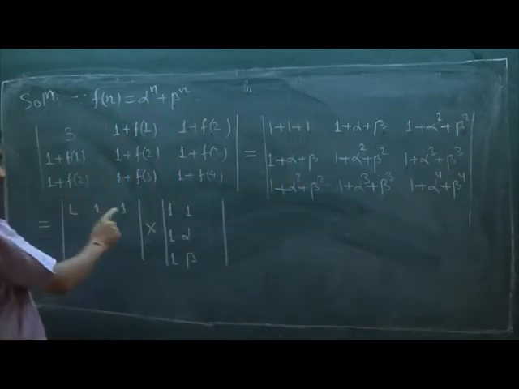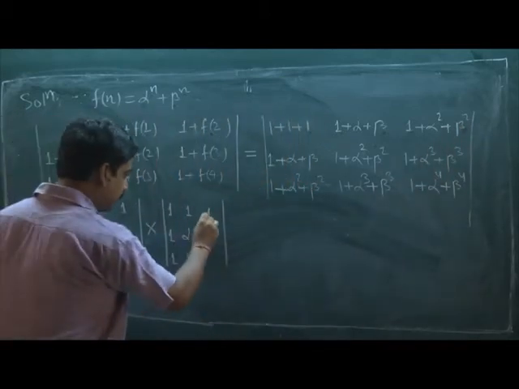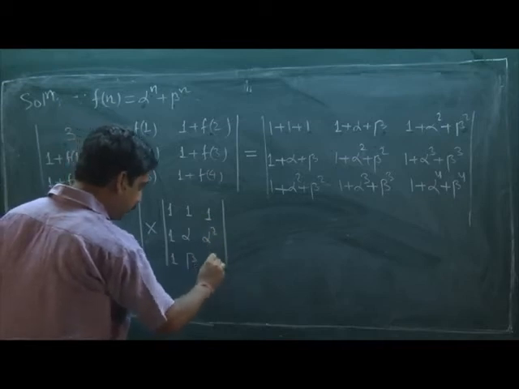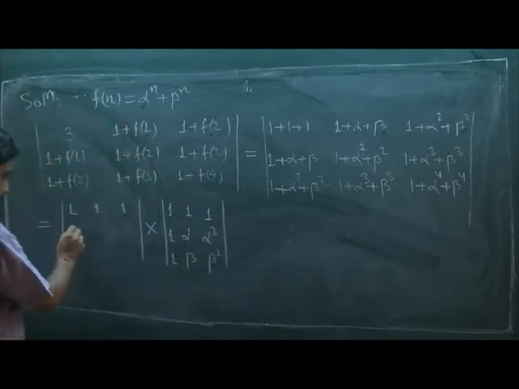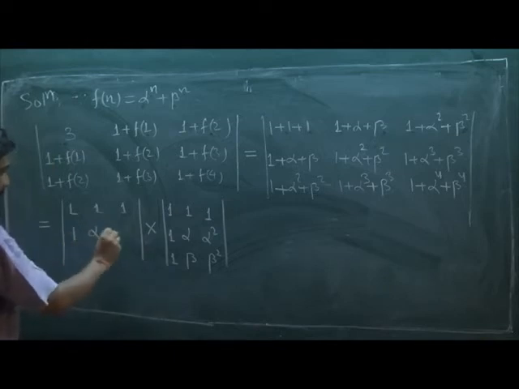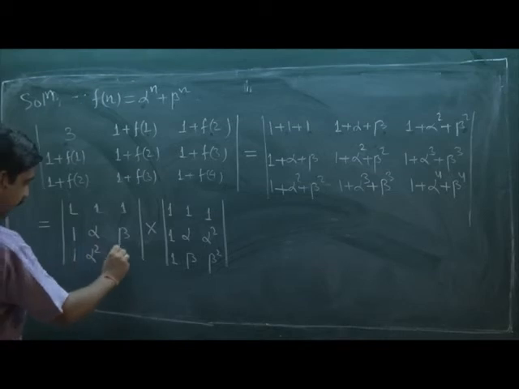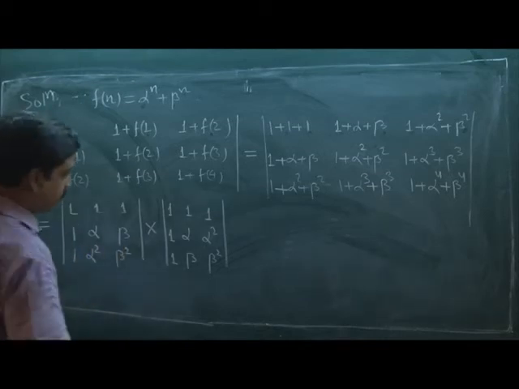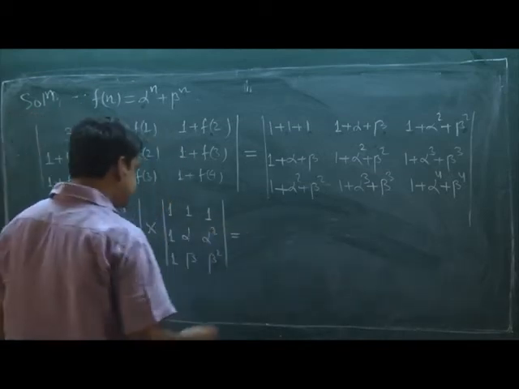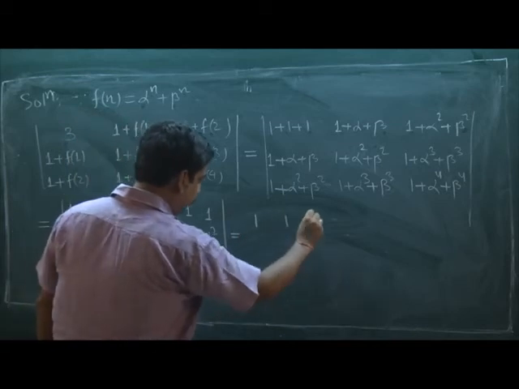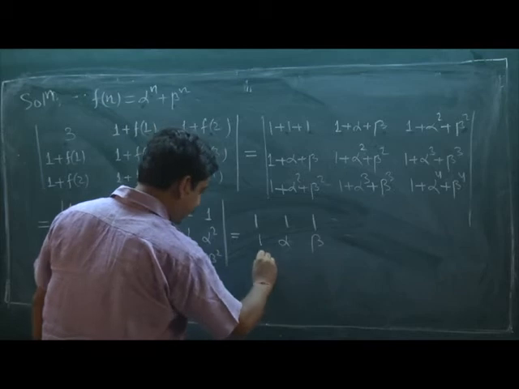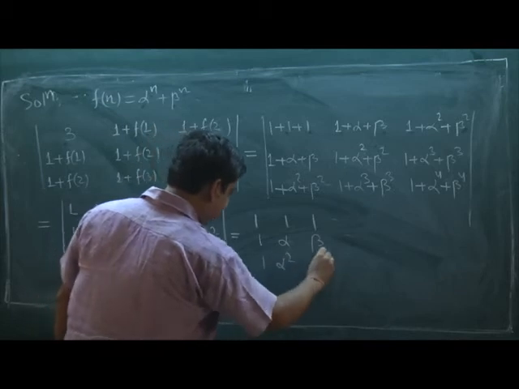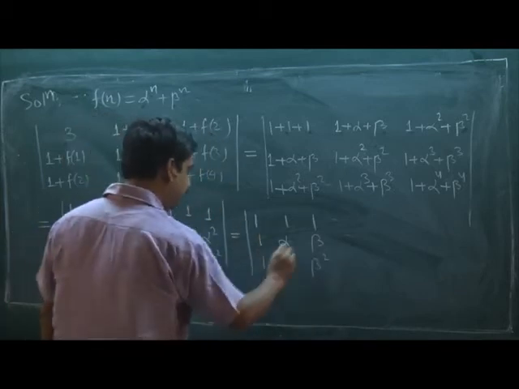First row is already defined, so the third column is 1 alpha square beta square. Similarly, we can write its second row as 1 alpha beta, and this is 1 alpha square beta square. This yields the determinant |1 1 1; 1 alpha beta; 1 alpha square beta square| whole square.